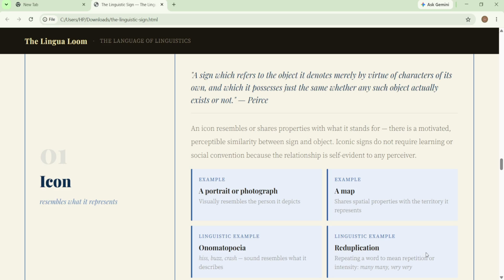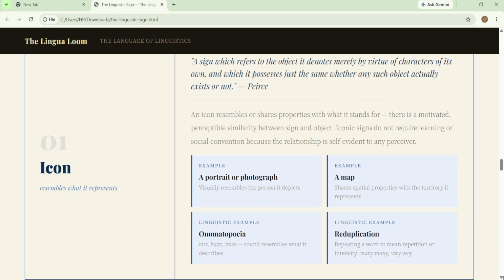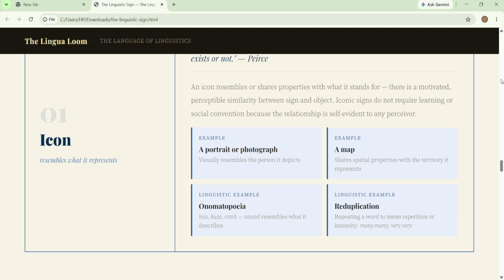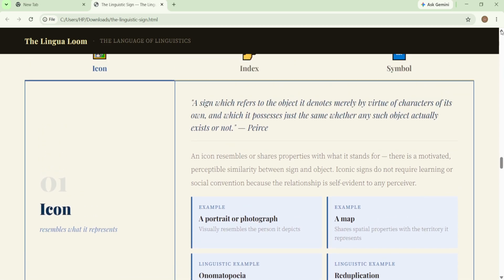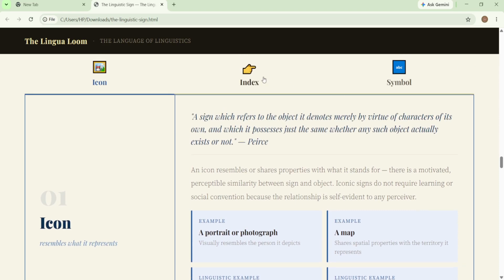Reduplication, repeating words, shows repetition or intensity, like many, many, very, very. So icon means that it resembles what it represents. If we're talking about maps, it is something obviously with territory marking, showing different areas.